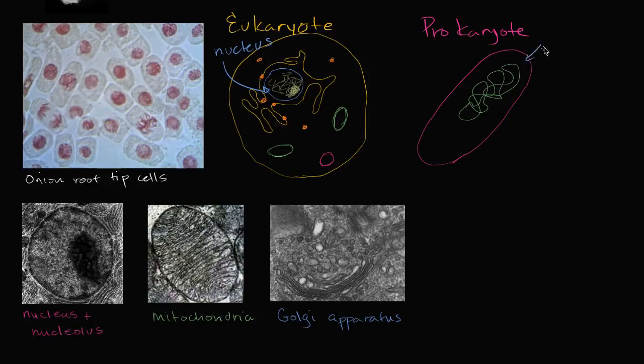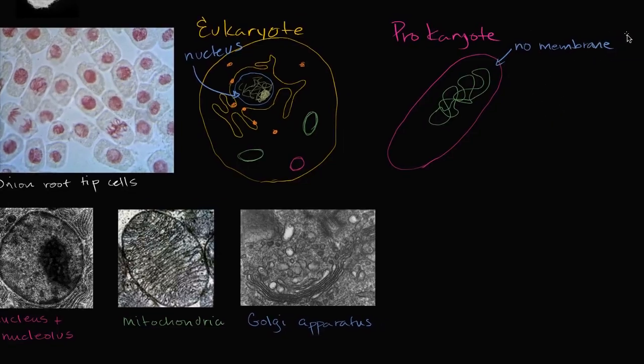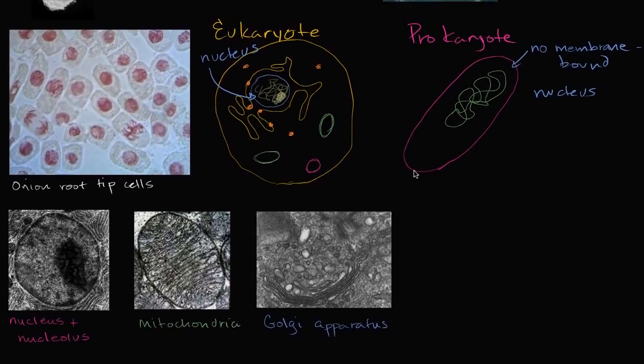So let me write this down. No membrane. Let me write a little membrane bound nucleus. But that's not the only distinction between eukaryotes and prokaryotes, although it's the one that's most noted.